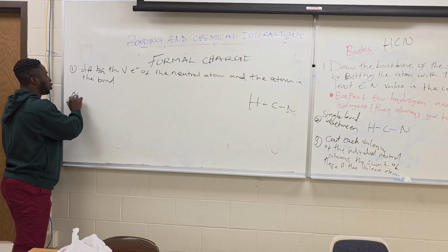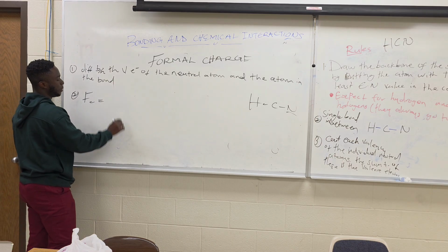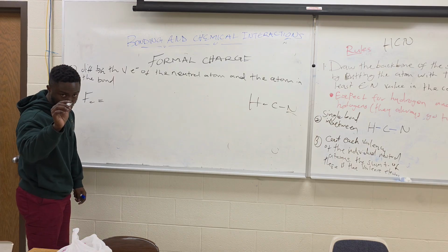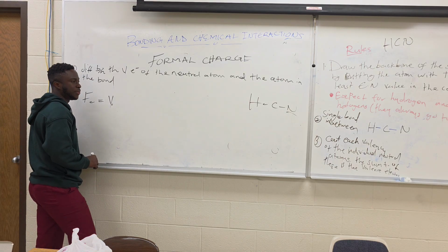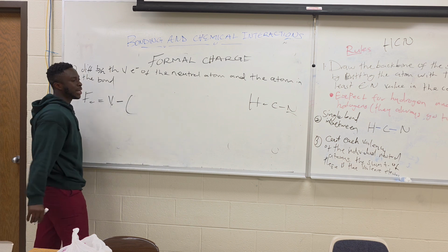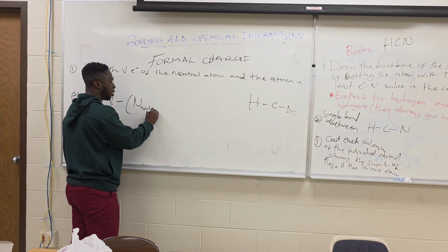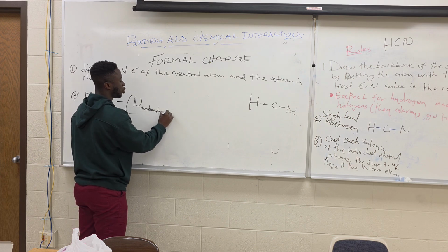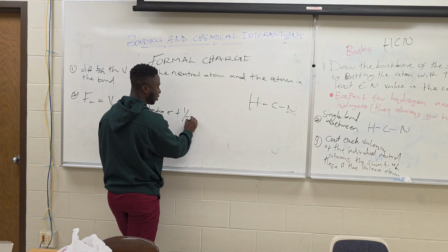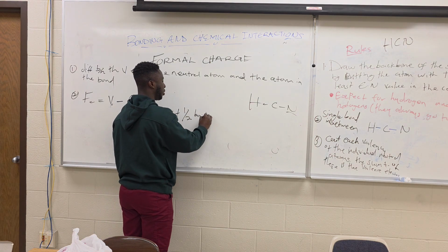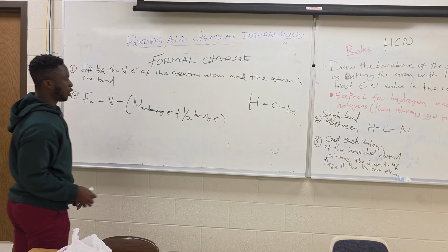The second one that you could use: the formal charge, let me just use FC, is equal to the valence electrons, V, minus, in brackets, the number of non-bonding electrons plus half of the bonding electrons.